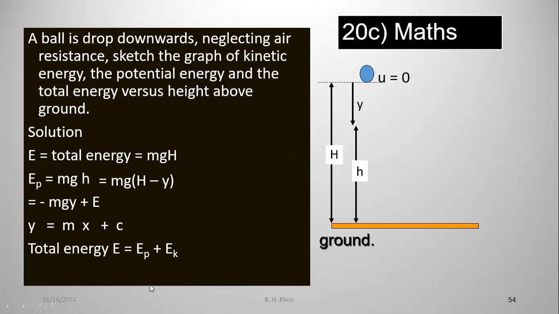That's why we see the graph. Then our total energy is EP plus EK, so EK is E minus your EP. So that's why we get mgy. So that's why we get a straight line passing through the origin.